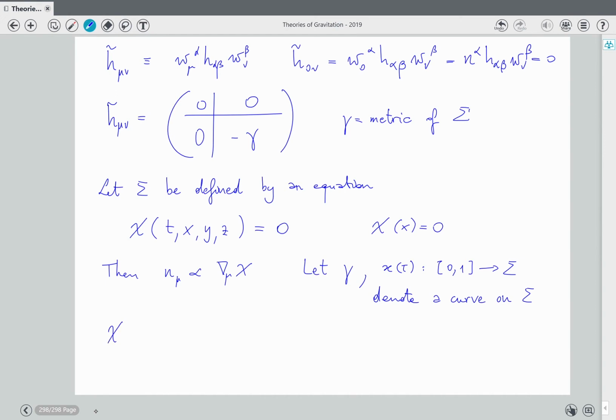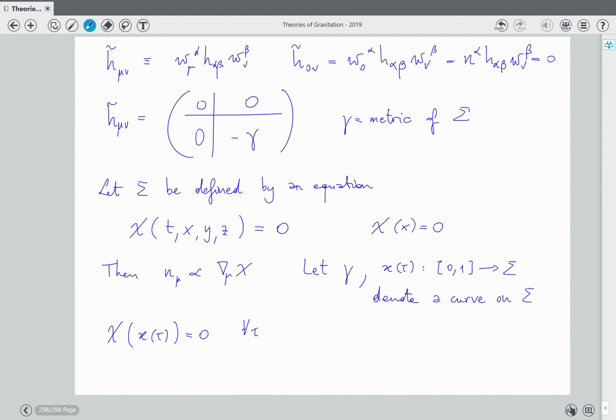That means that this chi function evaluated on x of tau is 0 because the curve stays on the manifold for every tau.